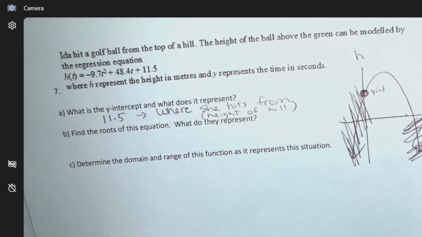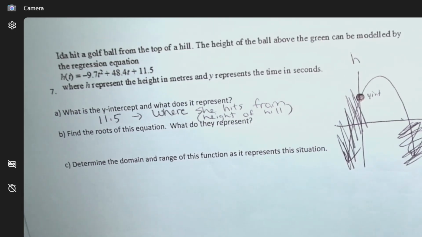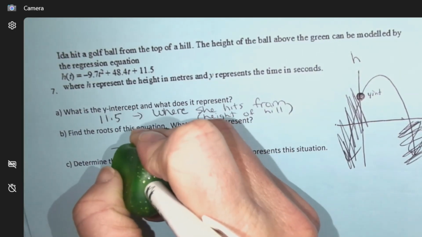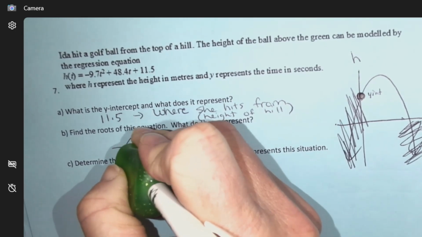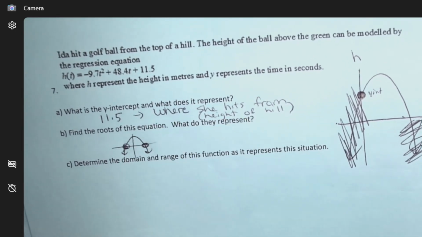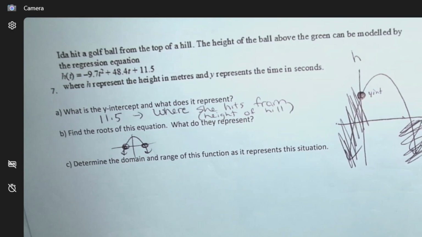Okay, find the roots of this equation. So roots is another word for your x-intercepts. So I'm looking for those values. Are you guys okay if I find them myself?